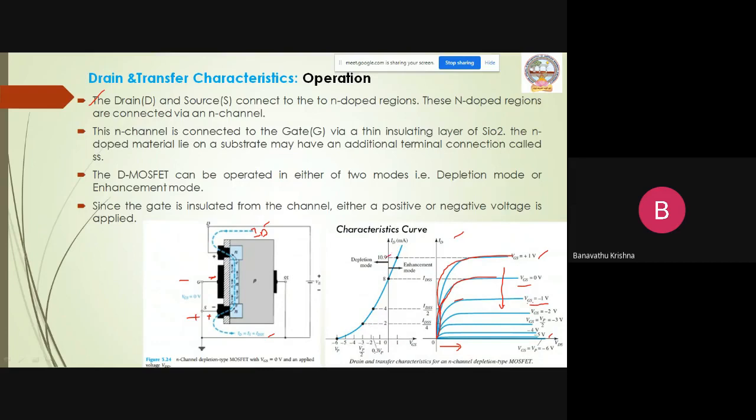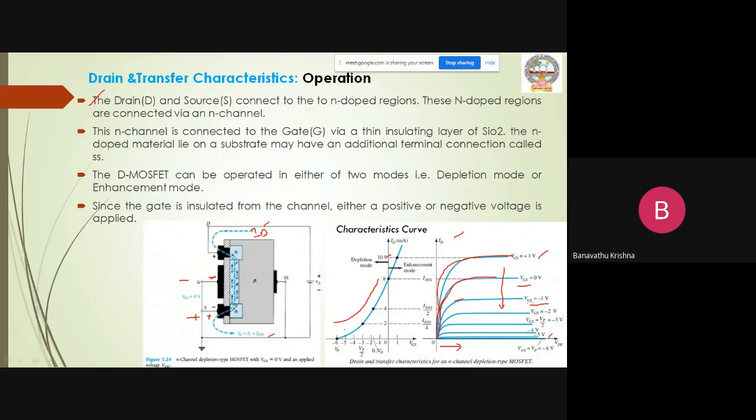By going to the negative direction of VGS, the current will be decreasing. As the negative voltage increases, like -1, -2, -3, the current decreases because of the maximum changes across the channel due to the negative voltage applied at the gate region. So the result is that the current decreases.